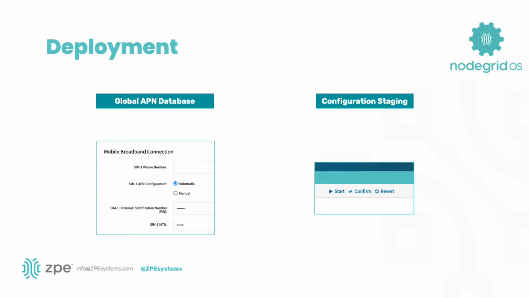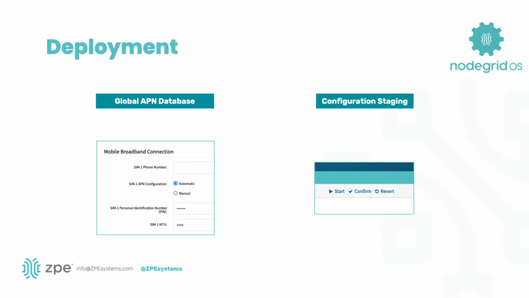So to simplify that process, to take the anxiety out of these stressful times in their own right, we came up with a couple of features which we introduced in Nodegrid 5.6. One of these features is our global APN database, which dramatically simplifies the deployment of new LTE connections out in your branch locations.